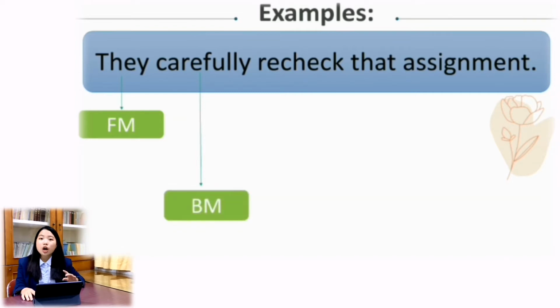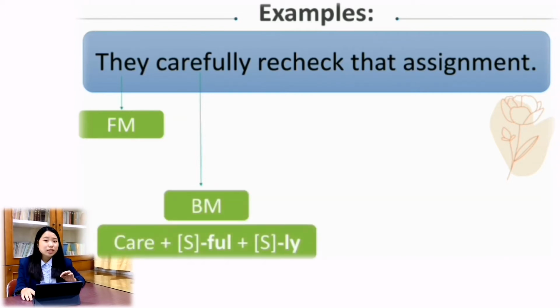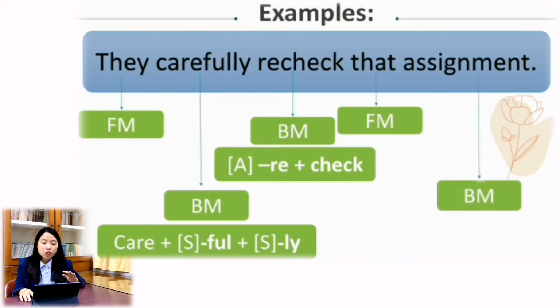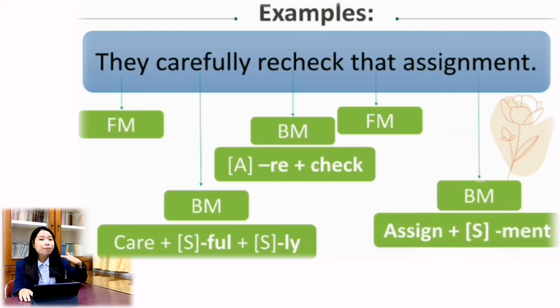"Carefully" is called a bound morpheme because it consists of "careful" and "ly". And then "recheck" is a bound morpheme, including "re" and "check". And then "assignment" is also a bound morpheme, "assign" plus "ment", so assignment.